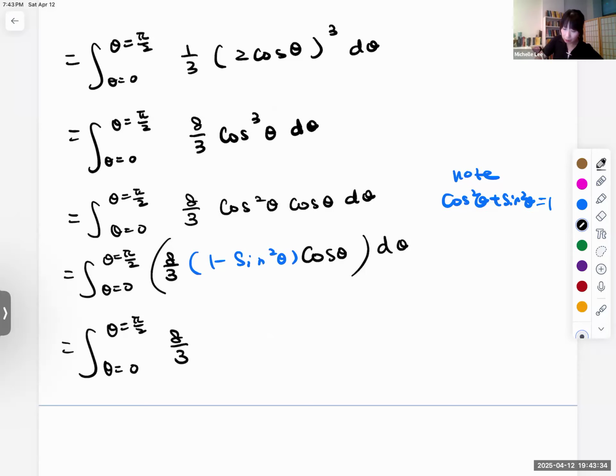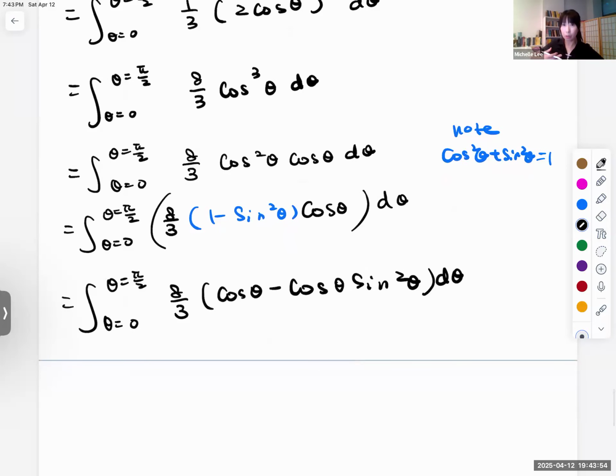So we have cosine theta minus cosine theta sine squared theta d theta, right? Okay, so we have two terms. We can integrate that, right? Can you see that? Yeah, we have to recognize whether we can integrate or not, right? So this one we cannot integrate earlier. That's why we convert it, in order to make an integration form, right?